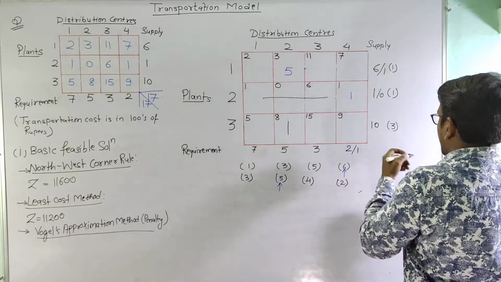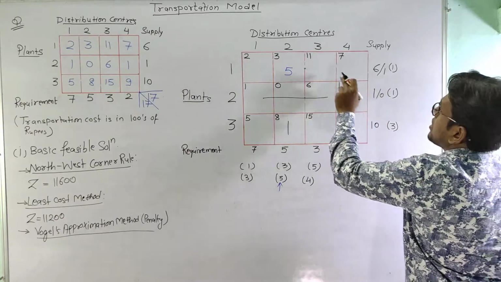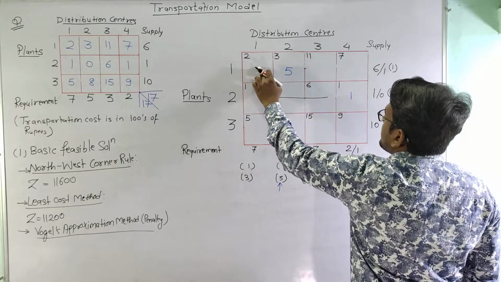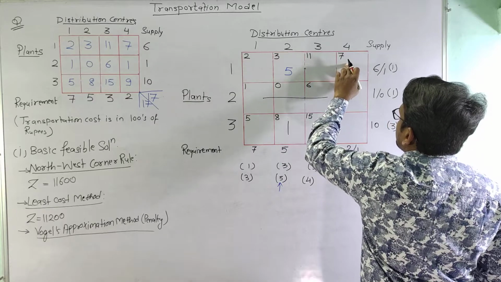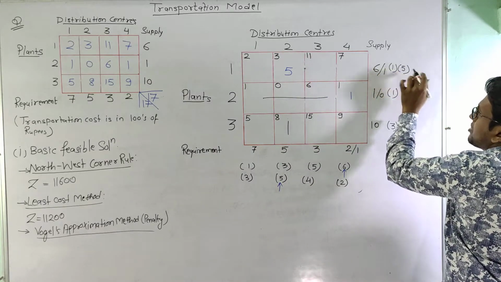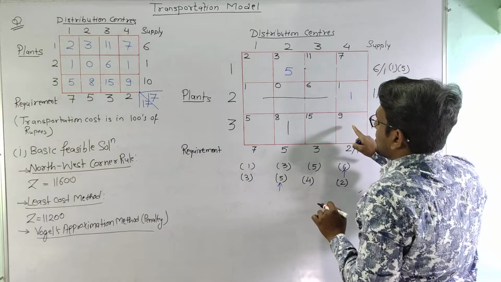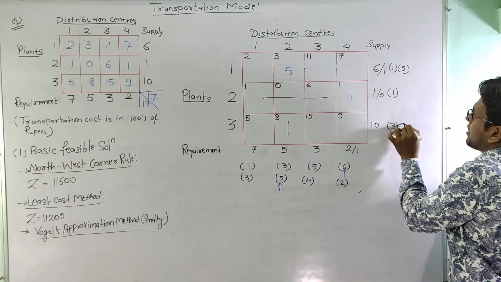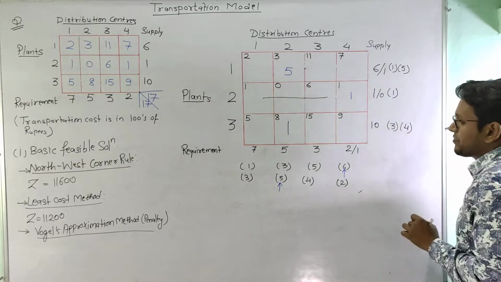And we will calculate the row penalties. The active cells are these. Here 2 is the least and 7 is the second least, so 7 minus 2 is 5, and 5 is the penalty. Similarly here 5 is the least and 9 is the second least, so the value is 4.